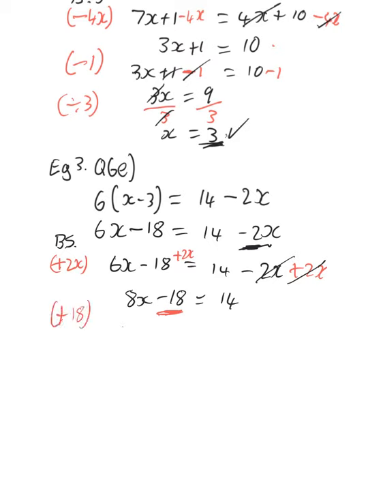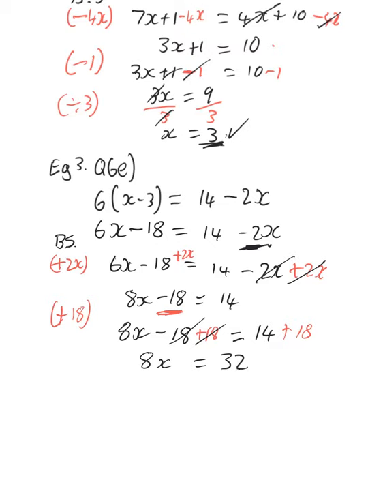I'm going to rewrite that whole equation as it is: 8x minus 18. Now I'll do the plus 18 to both sides. They eliminate each other, and we have 8x equals 32.